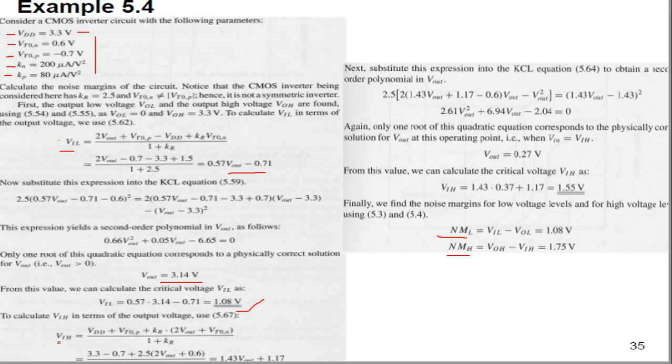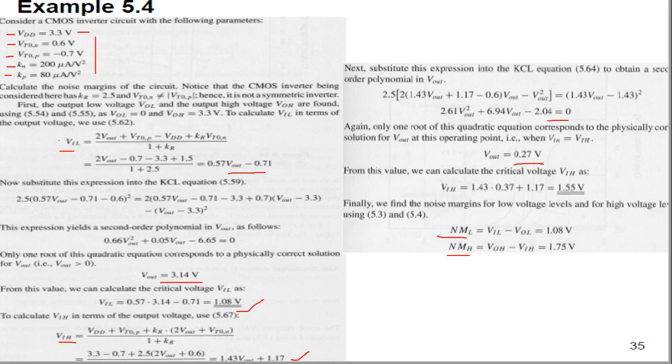So again for VIH, use the formula, it will again come out in terms of Vout. Again put this back in the previous equation. You will get a quadratic equation, solve it to get the value of Vout.